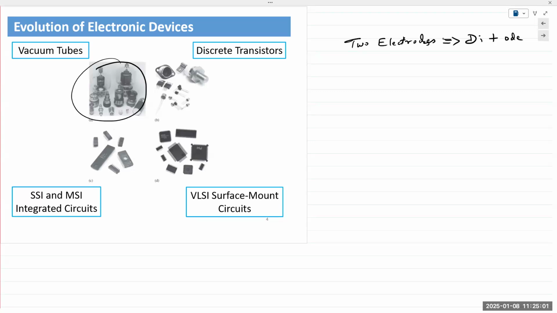Okay. So the earliest vacuum tube was basically something like this. An enclosed glass cylinder, which had a cathode and an anode, and it had a heater filament.